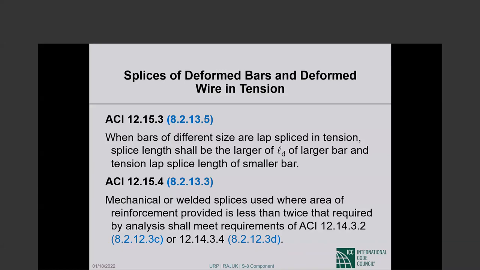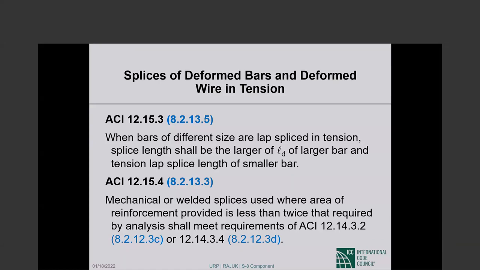Okay. Mechanical or welded splices used where area of reinforcement provided is less than twice that required by analysis shall meet requirements of 12.14.3.2, etc. So what this is saying is that if you're going to use mechanical or welded splices where area of reinforcement provided is less than twice that required by analysis, then you have to go for full welded or full mechanical splice.